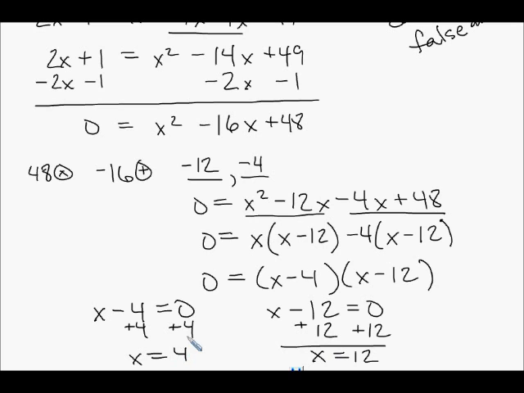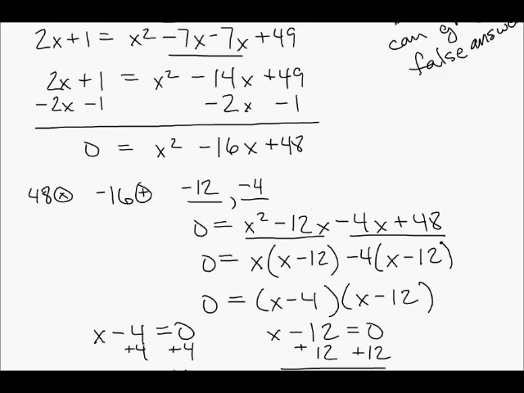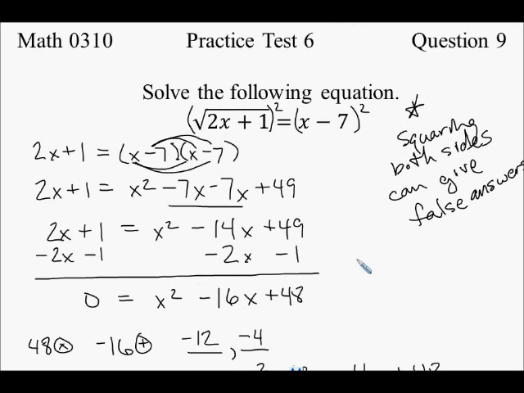Remember, we want to come back and check our answers, 4 and 12, because squaring both sides can give us false answers. So we have potential answers 4 and 12. And let's go back and check those. So if we look at the original equation, here I'm going to erase my markings so we can see what the original equation was a little better.